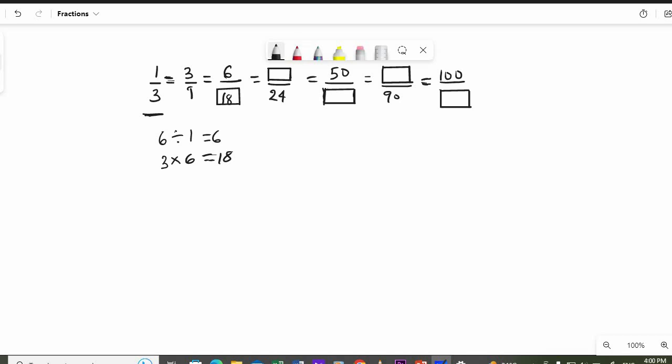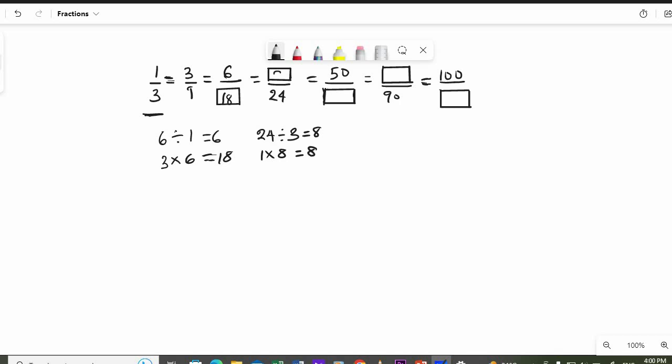The same thing we do in the second one. Now this one here, remember our point of focus would be the initial fraction, which is 1 over 3. We say 24 divided by 3, which gives us 8, right? And then we say 1 times 8 gives us what? 8.